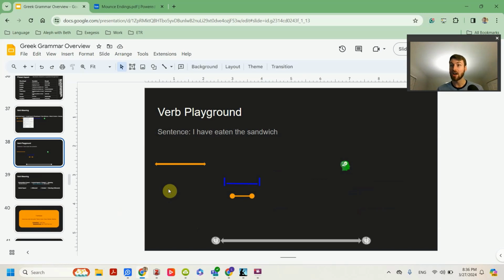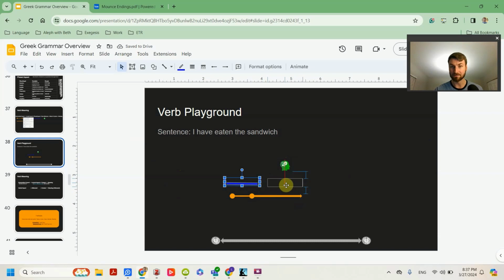And I tell her, I have eaten my sandwich. Okay, so what is going on here is I have combined the action of a perfective and an imperfective, and I'm going to be sitting here and referring to here.